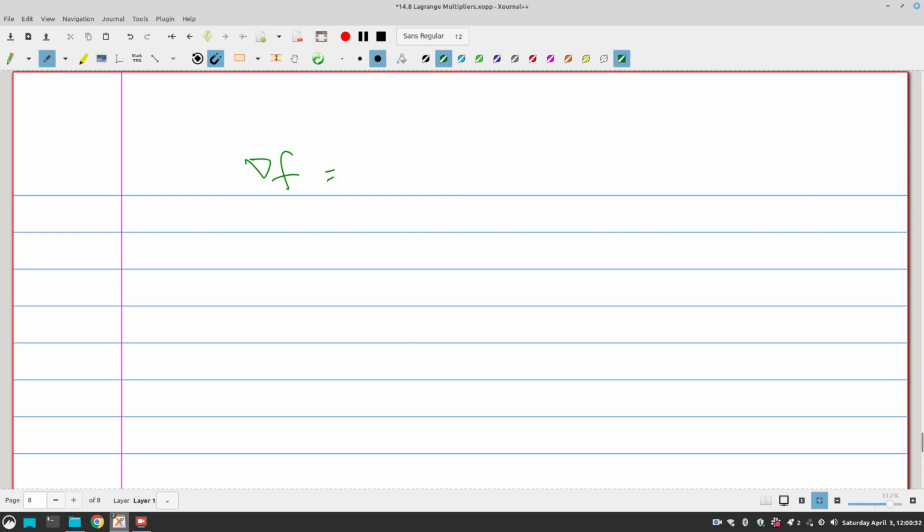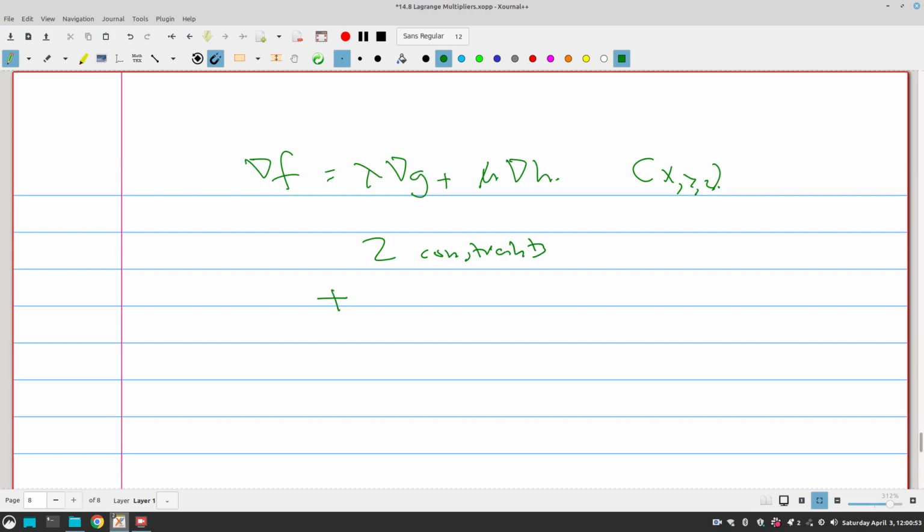Let me write this nicely: lambda delta g plus mu delta h. So how many equations does this give you? Well, this gives us three equations. These are functions of x, y, and z, right? So two constraints plus three equations from this give us a total of 5 equations.